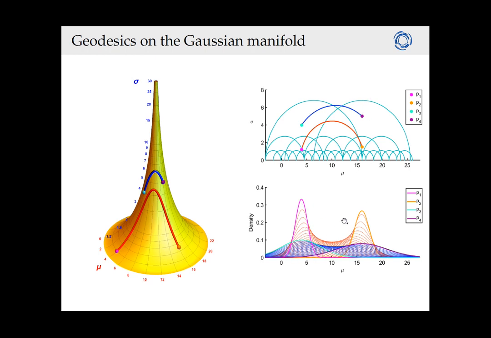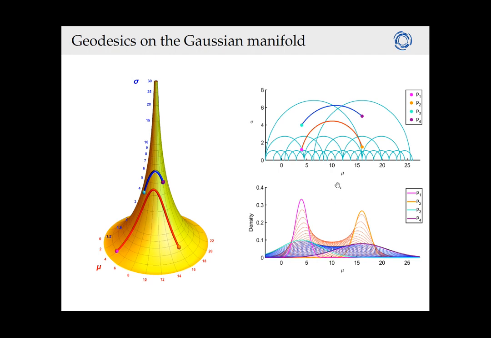And here are the corresponding density functions drawn. So the pink one, or the magenta one, is this one. And you see that the cyan colored distribution has the same mean, but a larger standard deviation. And similarly here, the orange one and the purple one, same mean, but larger standard deviation.